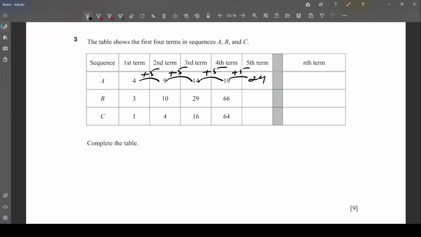Yes, this is an arithmetic sequence. To find the nth term, 4 minus 5 is minus 1, and minus 1 plus 5n. The 5n comes from this, I just put n on it. So this is the nth term.